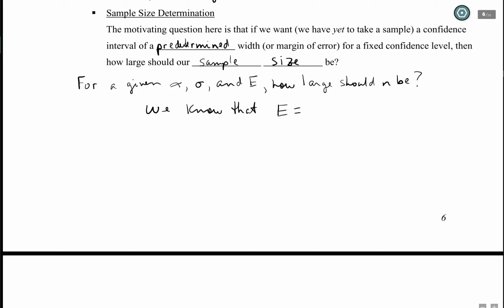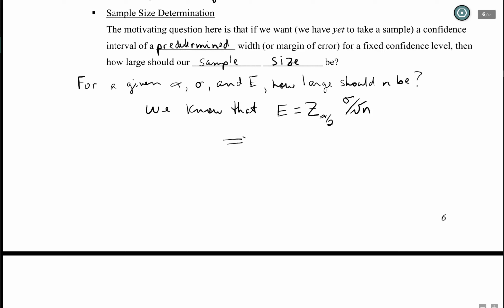The margin of error is the Z percentile times sigma over root N. Okay? So I'm asking the question, I know alpha, sigma, and E, but I want to solve for N. So I'm going to just use a little algebra here.